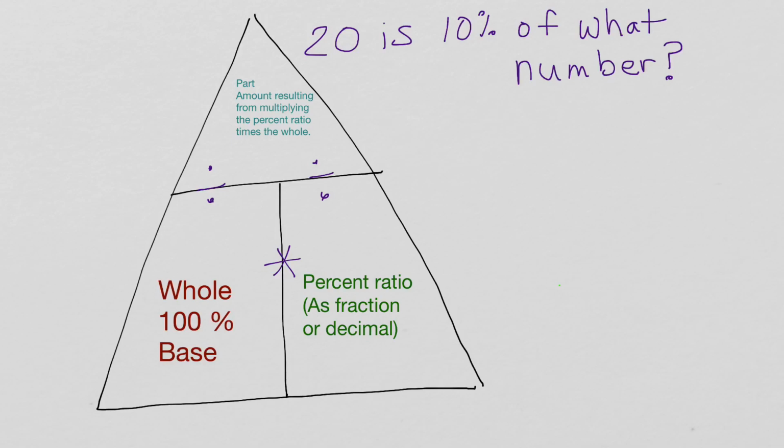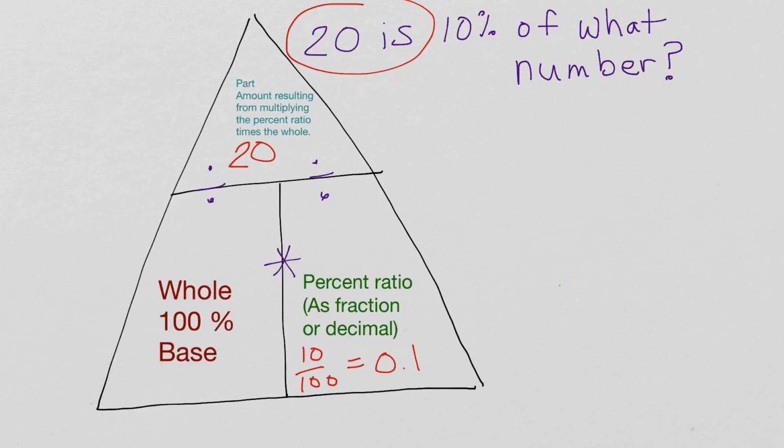Let's use our percent equation one more time to find the missing whole. 20 is 10% of what number? So 20 is going to be the part. 10% as a fraction would be 10 out of 100, or 1/10, which equals 1/10 as a decimal.